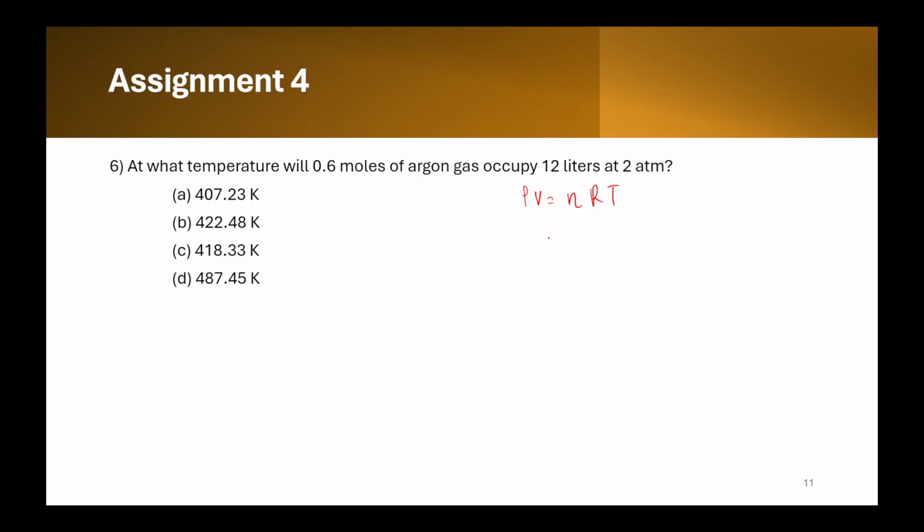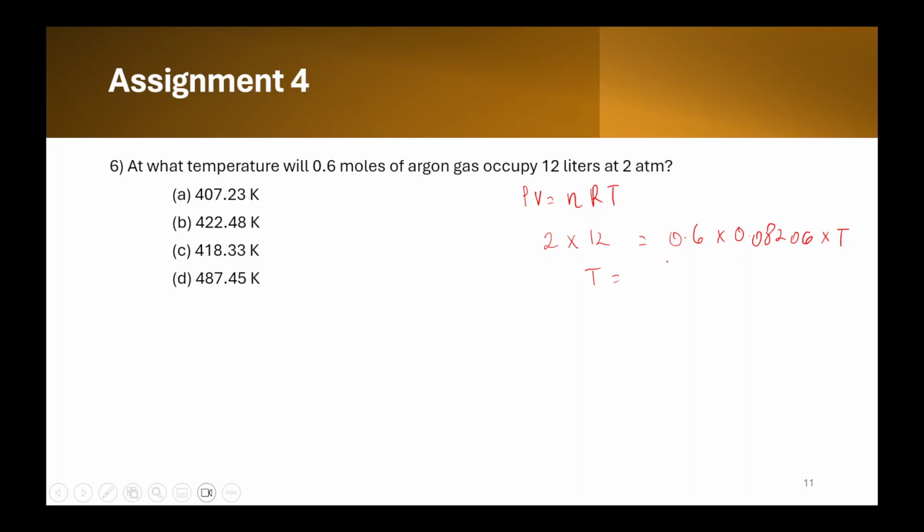So the pressure is 2, volume is 12 liter, n is 0.6 moles, R we know is 0.08206 in this particular unit. The unit needs to be consistent, and T we do not know, so we can compute the temperature from here.